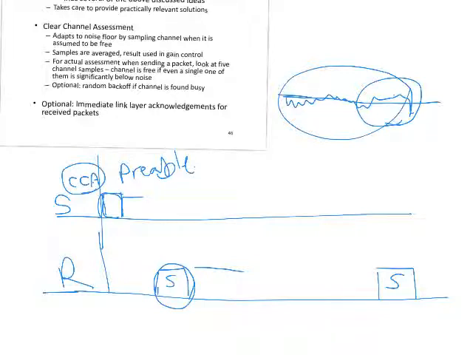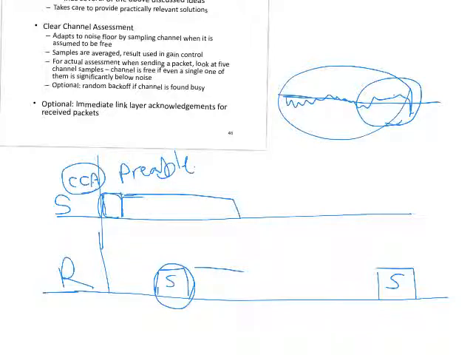So I send a preamble, and the only way for me to make sure that the receiver is going to somehow know that I'm trying to send to it is by increasing this preamble. I have no other choice.